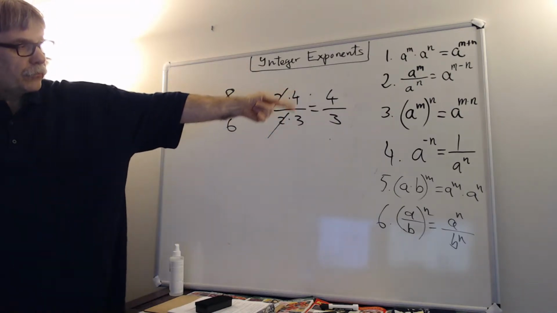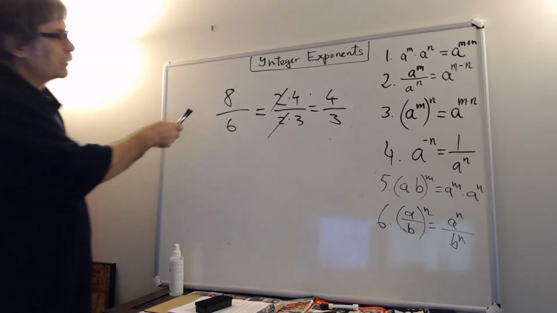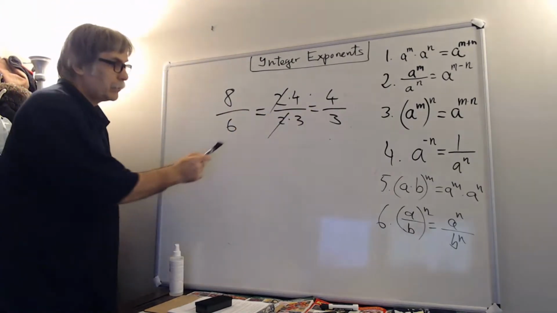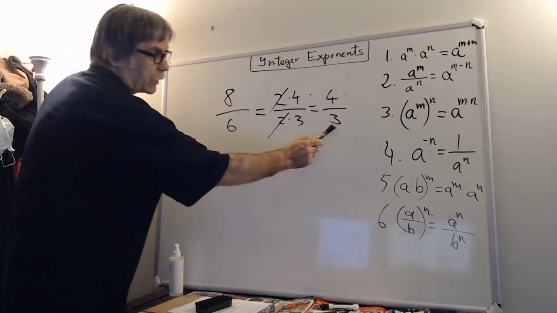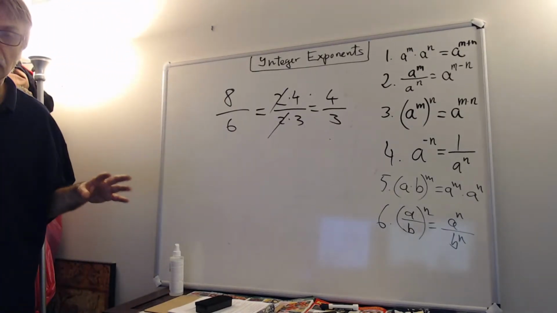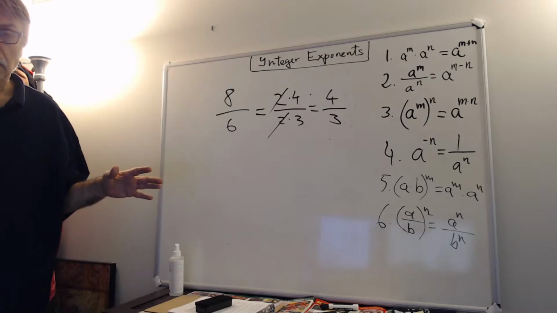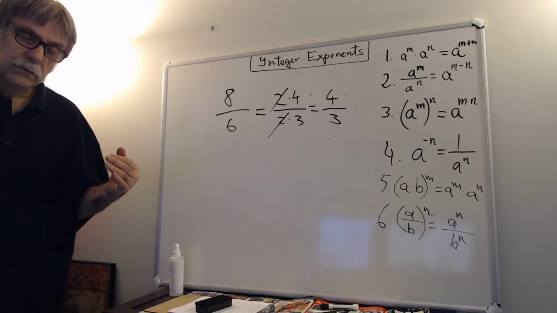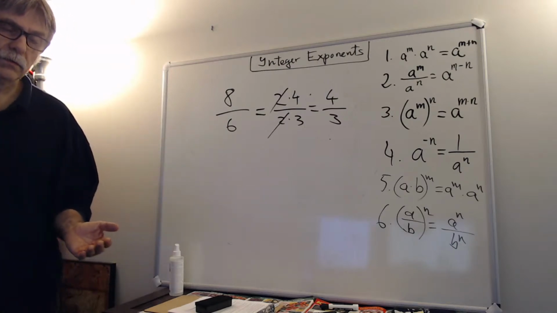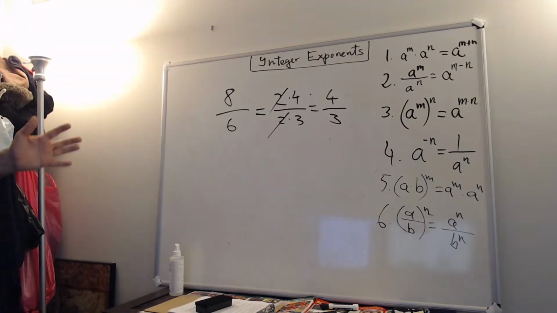Cancel. 4/3. Okay? What you're basically doing, you're dividing this guy by 2. You get 4. And you're dividing this guy by 2. You get 3. And we talked about fractions in the very beginning of our class. We said that you can multiply up and down with the same number, and you can divide up and down with the same number. And that's exactly what I'm doing here. I'm dividing up and down with 2. So that's what the cancellation is about.